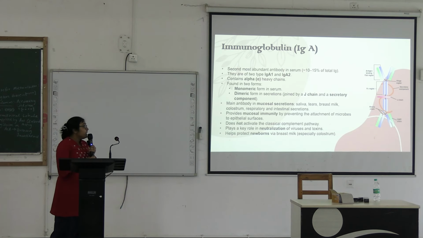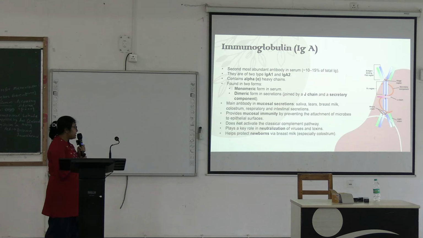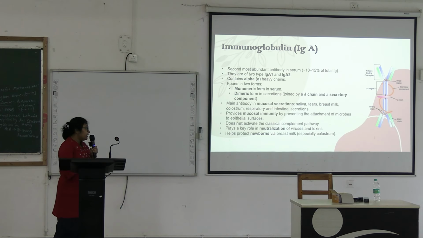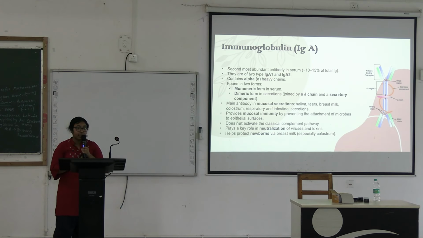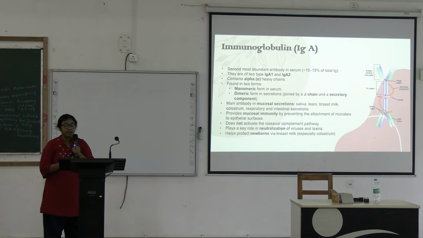Main antibody in mucosal secretions, saliva, tears, breast milk colostrum, and respiratory and intestinal secretions. Provides mucosal immunity that prevents the attachment of microbes to the epithelial cells, does not activate the classical complement pathway, plays a key role in neutralization of viruses and their toxins, helps protect newborns via breast milk, especially colostrum.